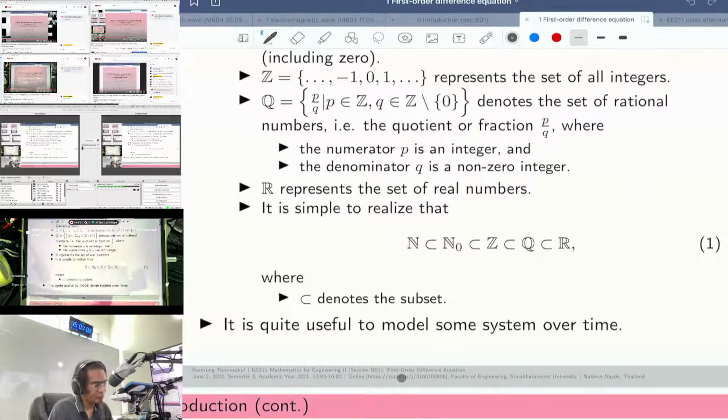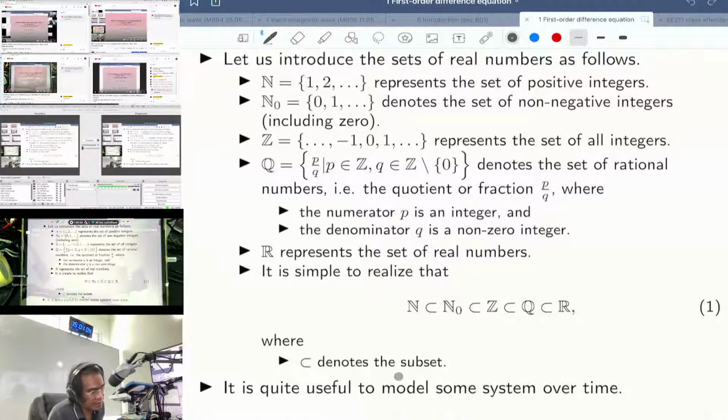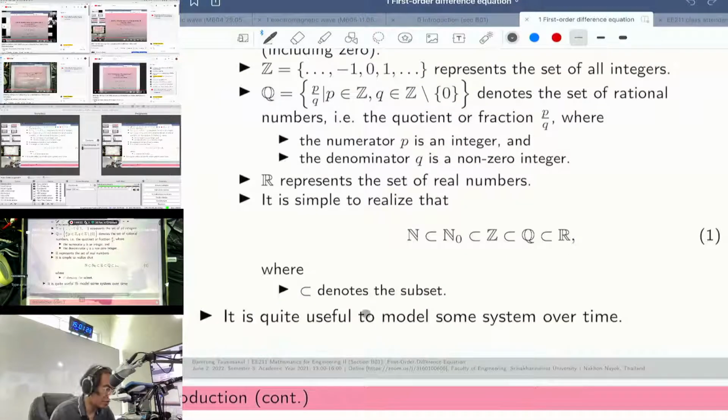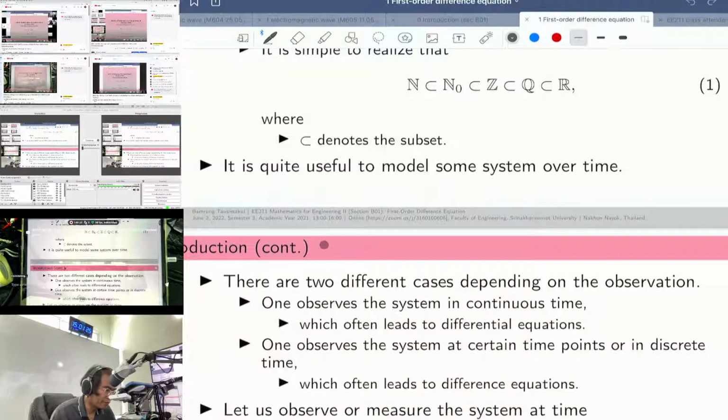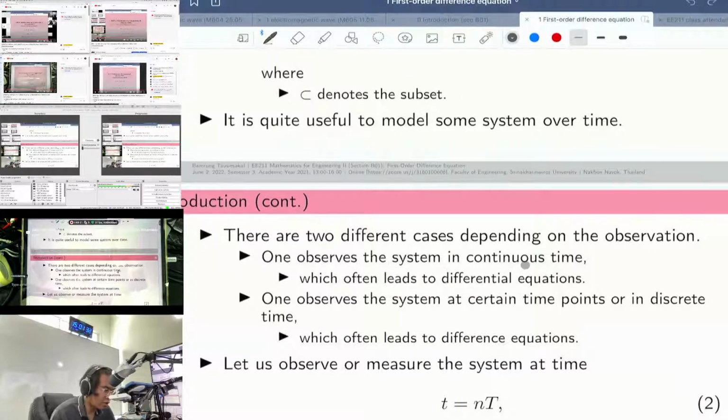We will talk about the sequence over time. In many engineering systems, they have some system over time. The system means the transfer function will vary with time. If you don't understand, no problem, just go ahead. There are two different cases depending on the observation. The first one is continuous.